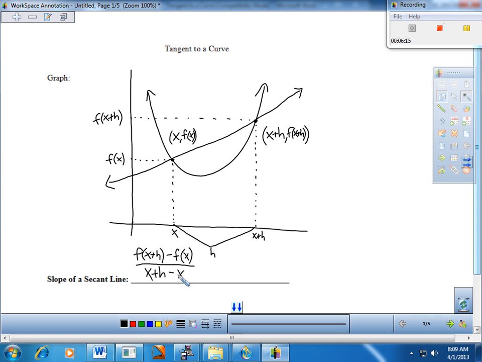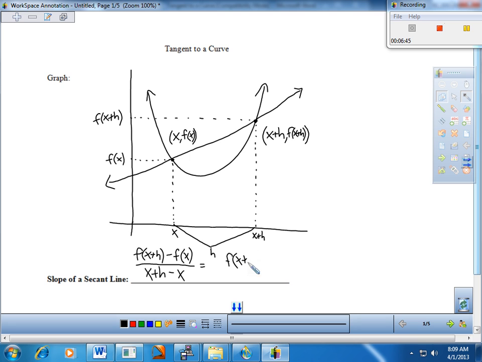Just slope, guys. Don't overthink this piece because it is just a fancy way to talk about slope according to my particular diagram. And now you can see, of course, this top, not much I can do there, but look at the bottom, everybody. I have x plus h minus x. What happens to those x's? Well, they cancel out. And so, long story short, I'm going to have to come right over here.